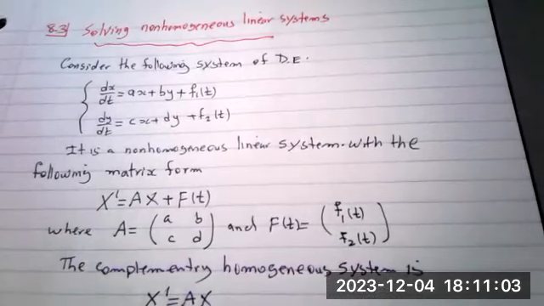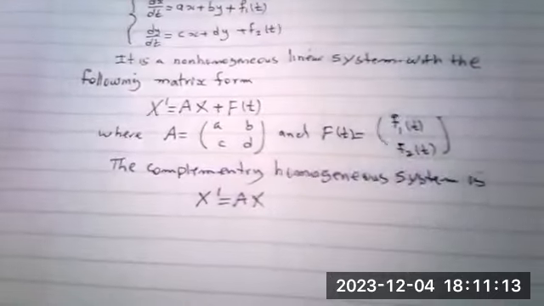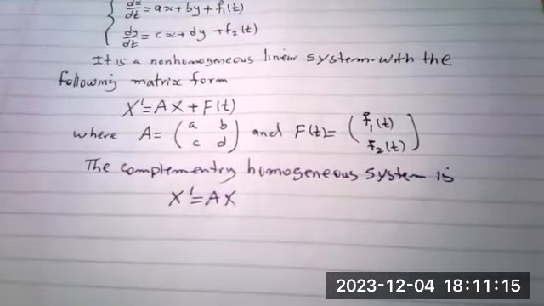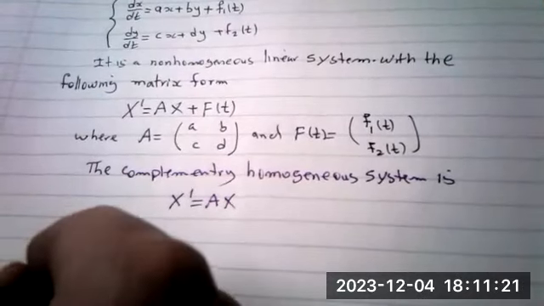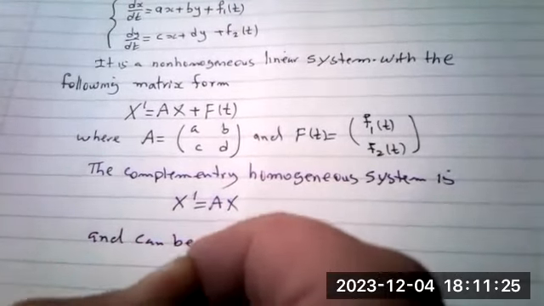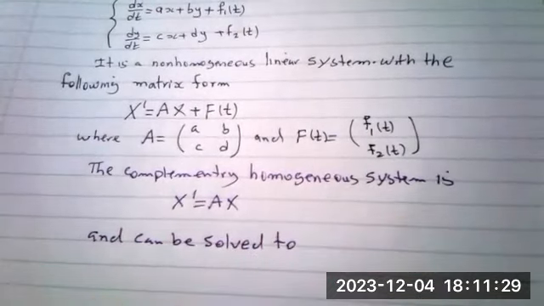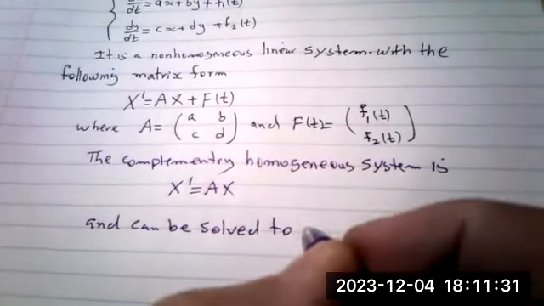We can solve this one easily. You know how to solve this one, just this part. It is the complementary homogeneous system, and it can be solved to get the solution.